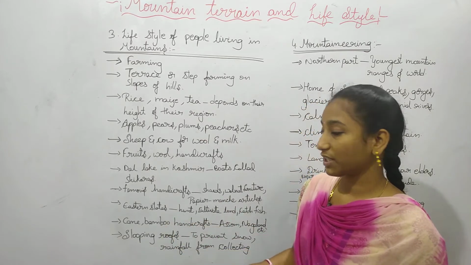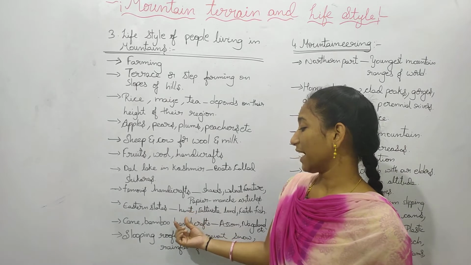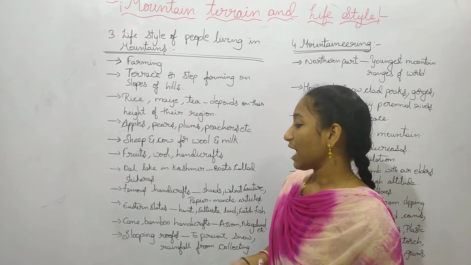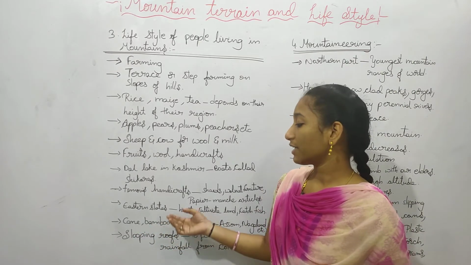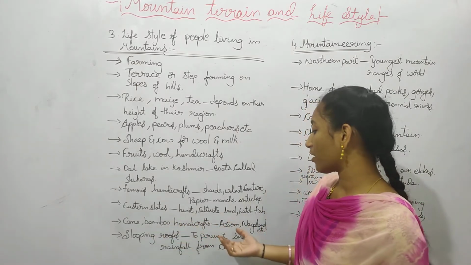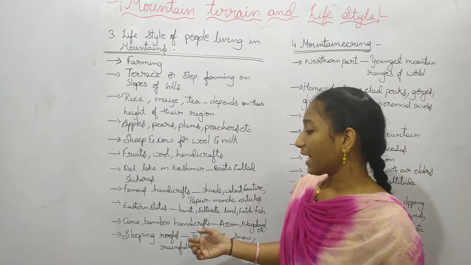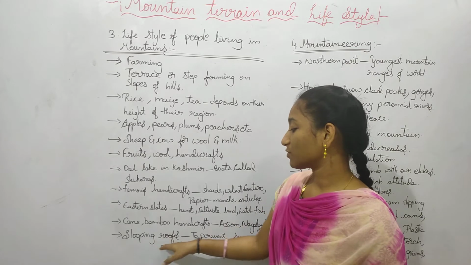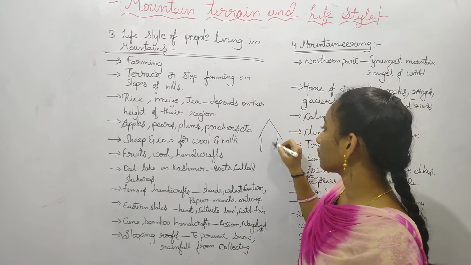The people in the eastern states hunt animals, cultivate land and catch fish for their income. Cane and bamboo handicrafts are famous in the eastern states such as Assam, Nagaland, etc. The houses in the mountain region have sloping roofs.